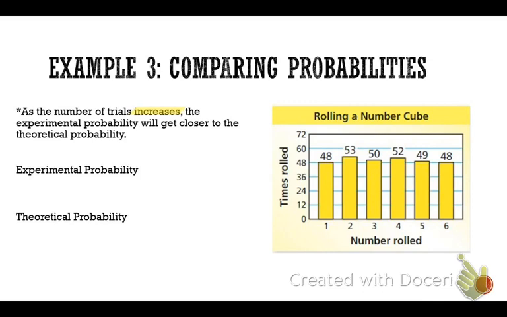Like when I'm spinning heads or tails, I could do 25 trials 3 separate times, and I'm going to get different results every time. You guys with me? Okay? So what it's saying is, I can't control those outcomes in experimental. It is what it is. But the more trials I have, the closer my percentage will be to my theoretical, which is, on paper, what it's supposed to be.